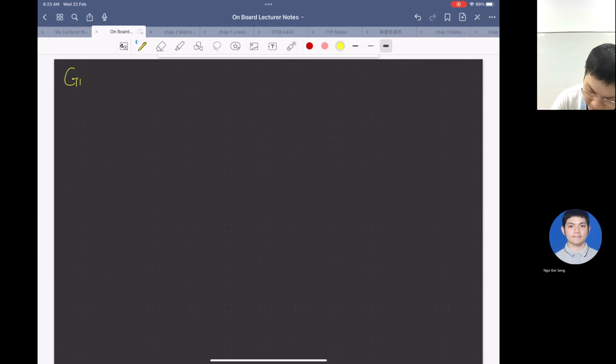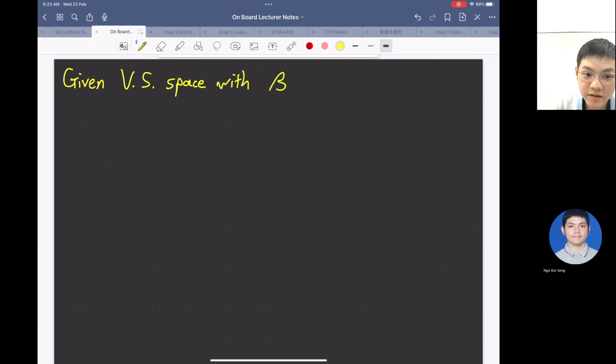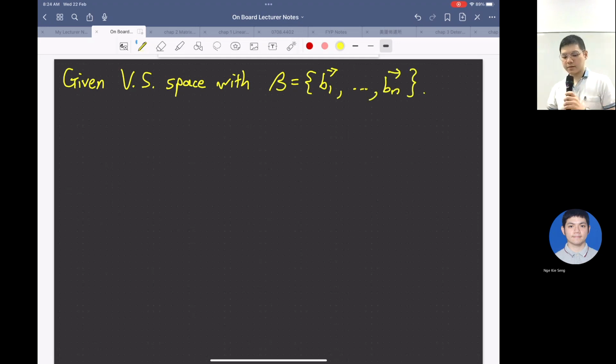So the procedure is: given a vector space with a basis. Do we have a basis here? Yes, we've got a basis. Let's say we have n basis vectors.